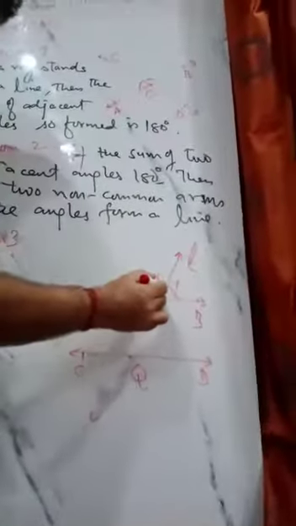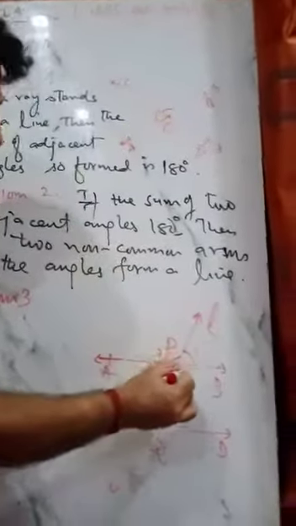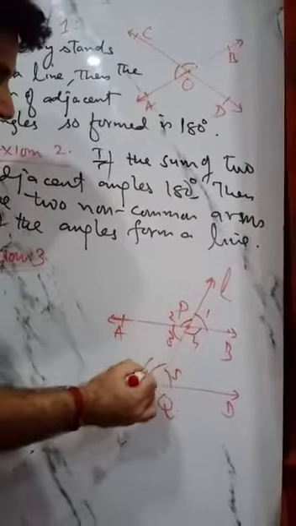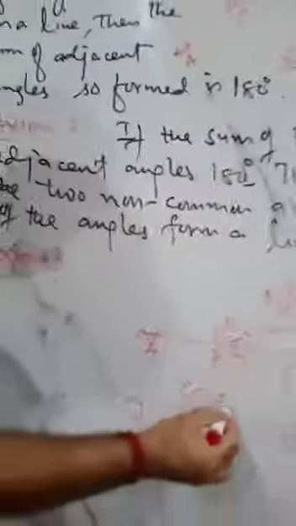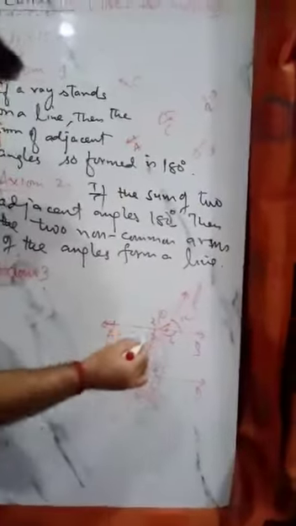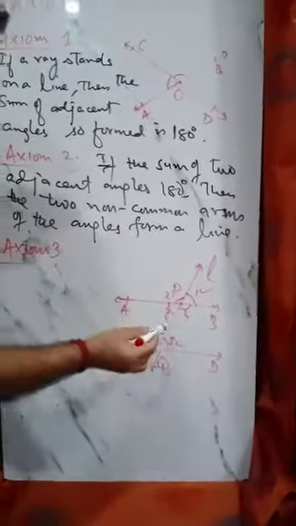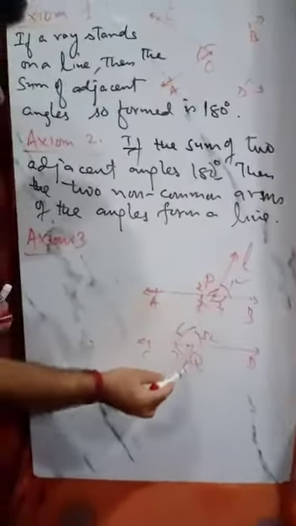Label the angles 1, 2, 3, 4, 5, 6, 7 and 8. Angle 1 equals angle 5, angle 2 equals angle 6, angle 4 equals angle 8, and angle 3 equals angle 7.